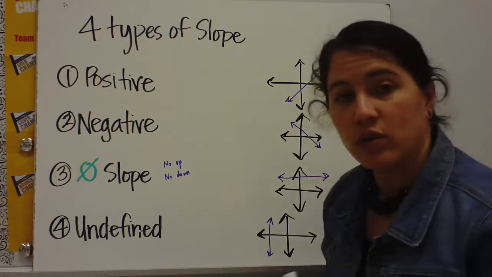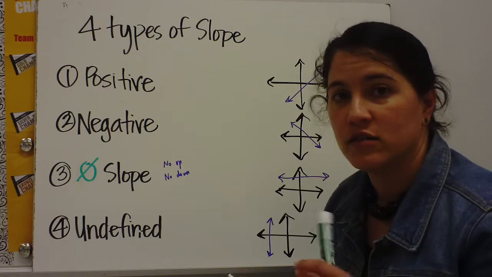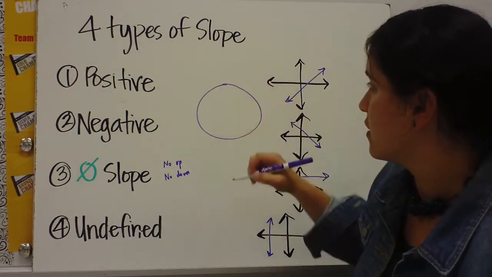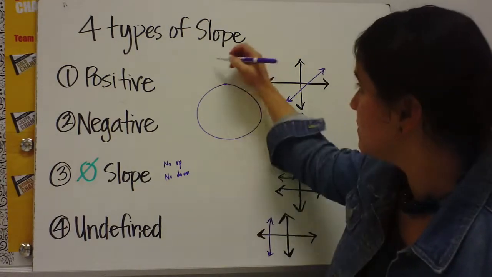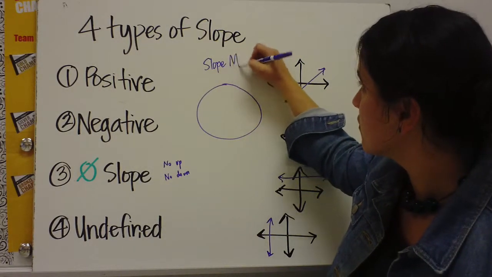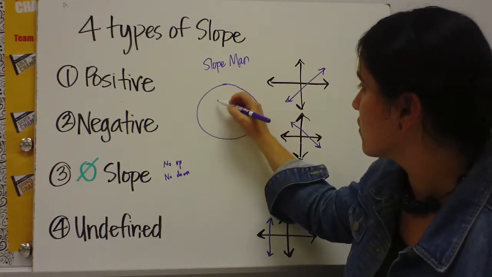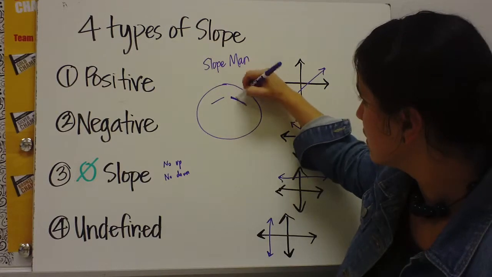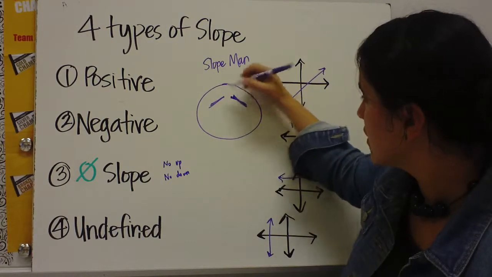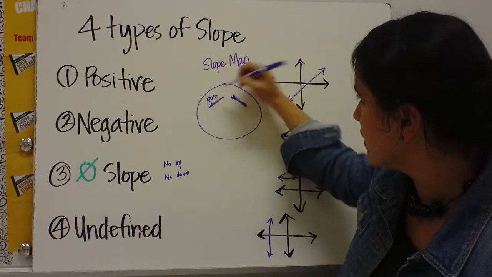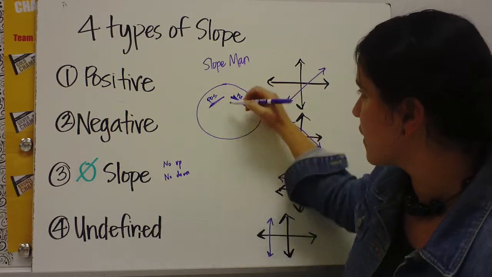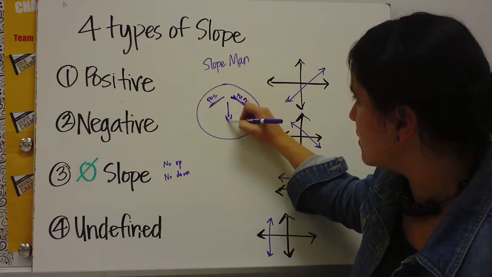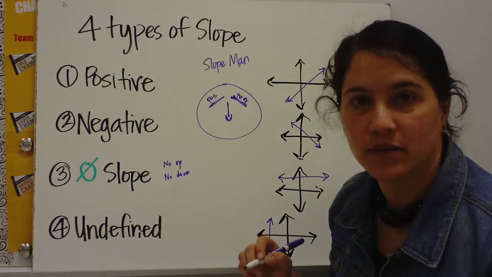So we're going to draw something to help you remember. It's going to be slope man. All right, slope man has 2 eyes. So this is a positive and this is a negative slope. He has a nose, and undefined is his nose.